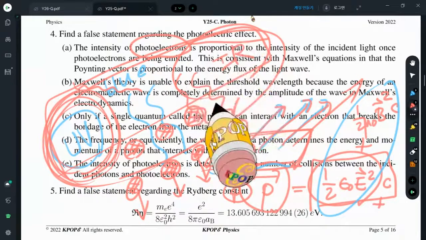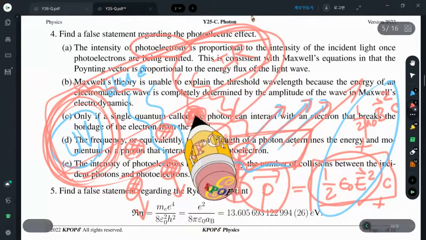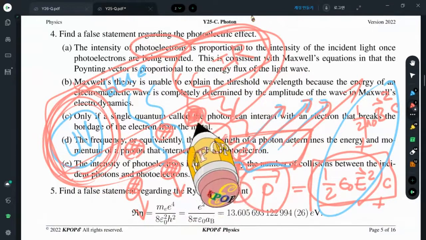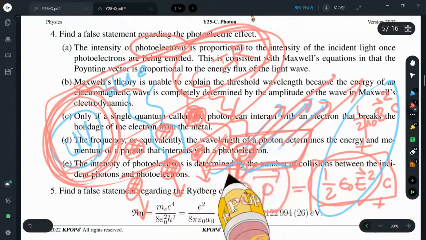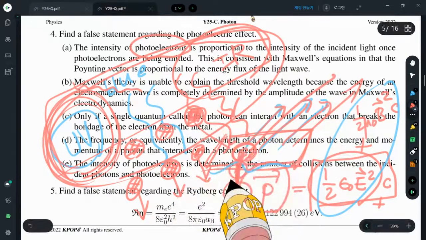If the wavelength of this photon is long enough, its energy is small, so it cannot hammer the electron to detach from this bondage. Okay, that's the basic idea.